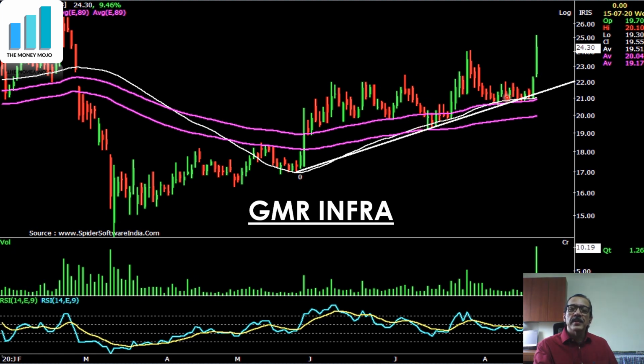The trend line supports are there, and if there is a confluence of moving averages at the same time, it means there is a pullback to these levels and it gives us a perfect risk reward ratio trade. You get a chance to buy this stock at a time where the loss that you will have if it goes wrong is very low compared to the profits that you can have if it goes right. And these are the kind of trades that we are always searching for.